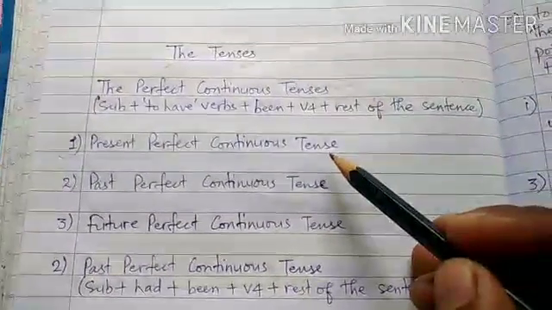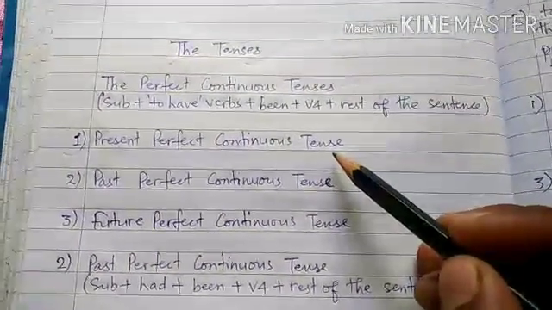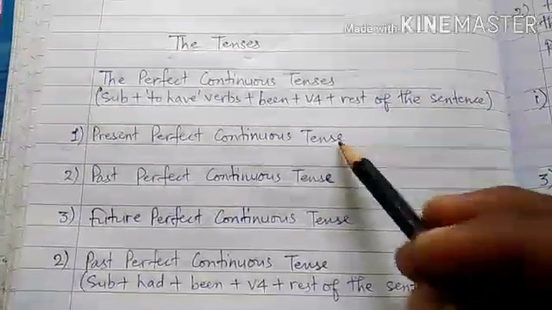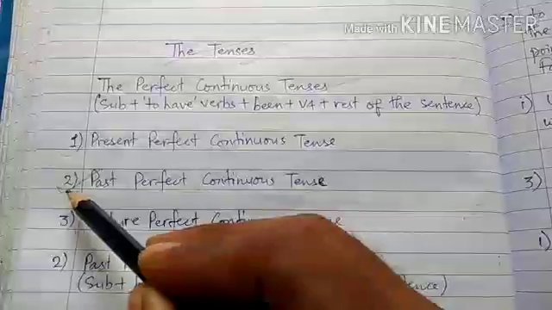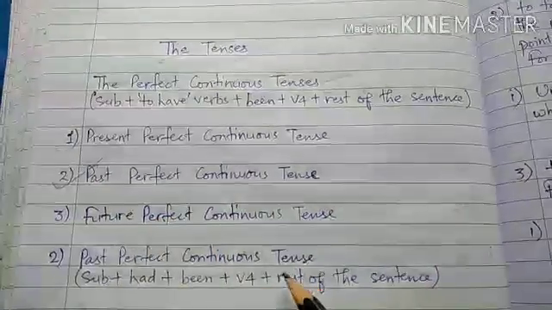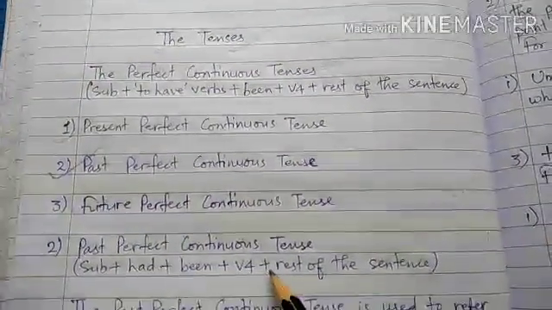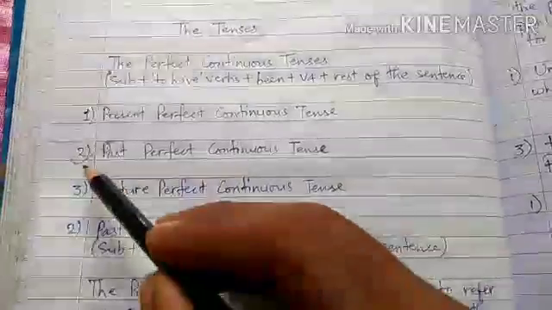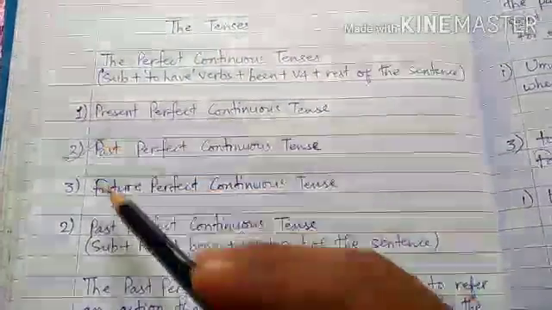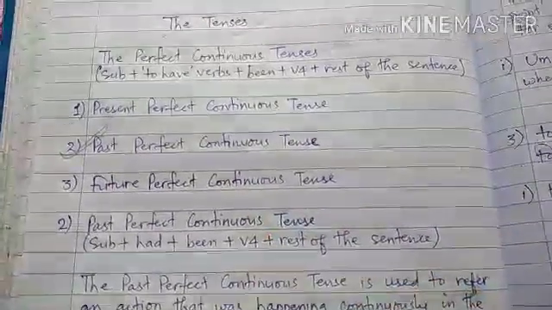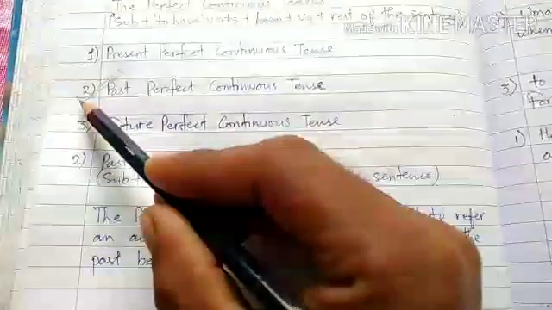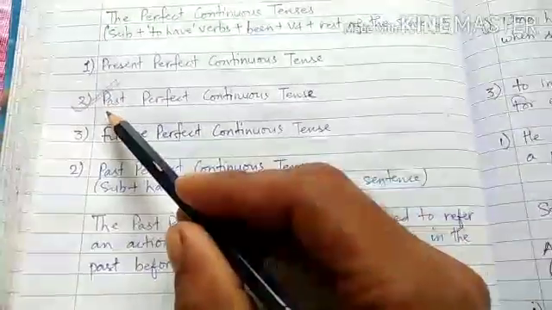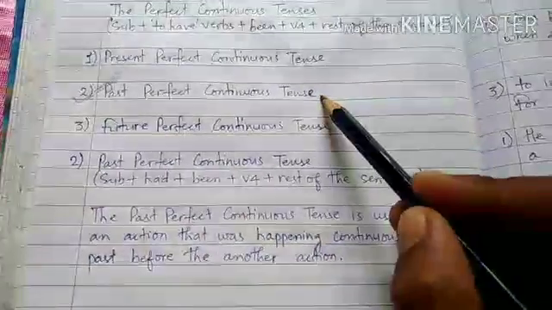So in this video we will continue with another classification of the perfect continuous tenses, that is the past perfect continuous tense. We will study the uses of the past perfect continuous tense as well as the different sentence structures in the past perfect continuous tense.